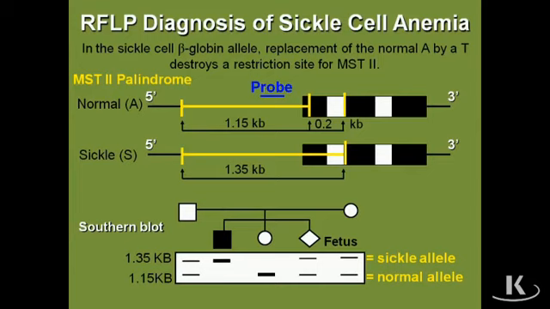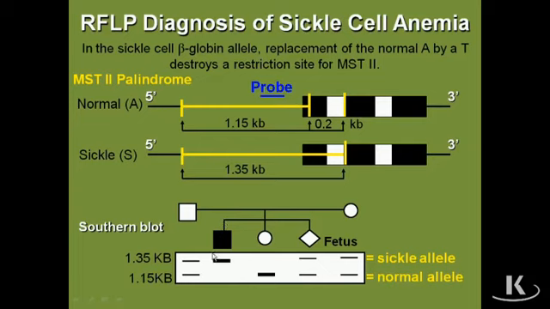What about a diseased individual? Well, sickle cell disease is an autosomal recessive disorder, so when you look at the diseased person, you would expect that they would have 2 copies of the sickle cell allele. So they would have 2 copies of the 1.35 kilobase band.